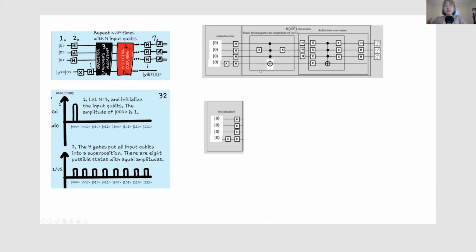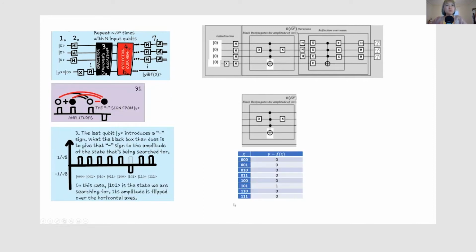Then the second part is the black box, the oracle that I already introduced. What this does is, if you want to set up a 101 black box, you would put the X gates around your second bit because your second bit is 0. And then what happens in here is this very last bit is used to introduce a negative sign.